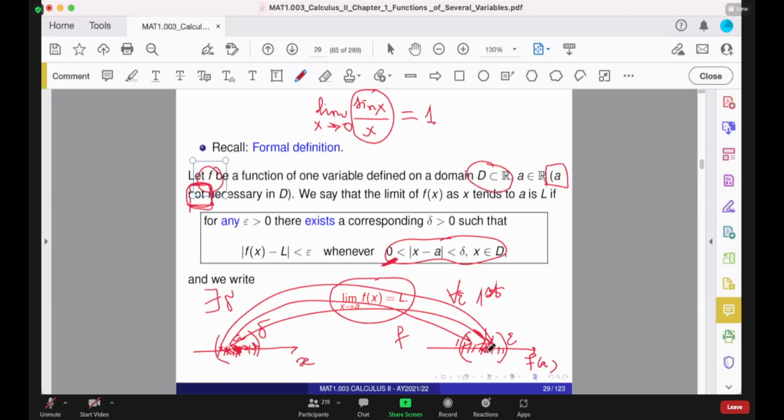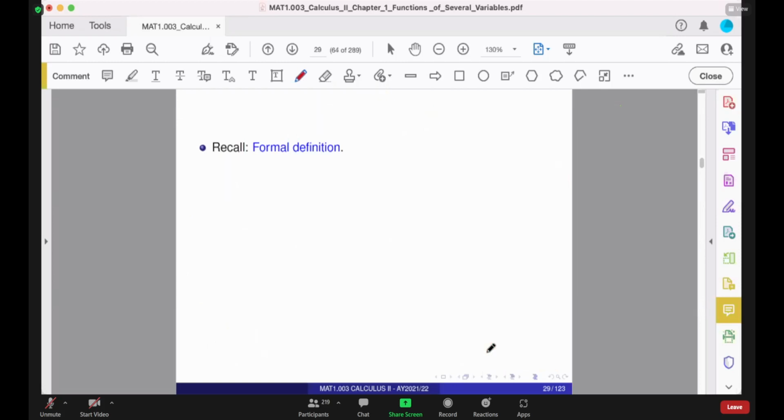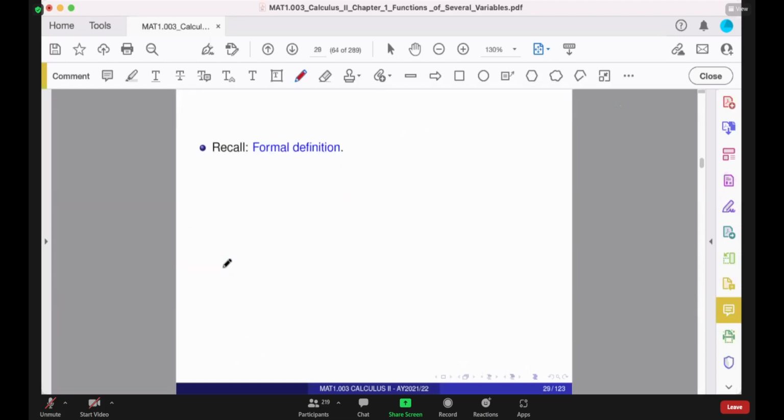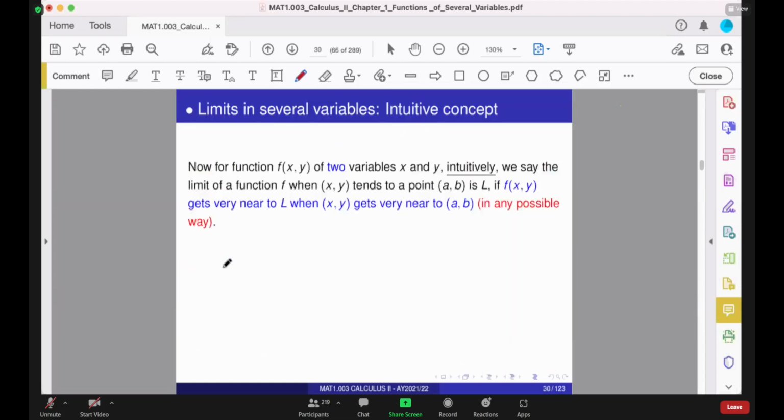So, actually this is an illustration, but the main thing is here. You should understand the intuitive idea, and we transfer this idea to several variables.